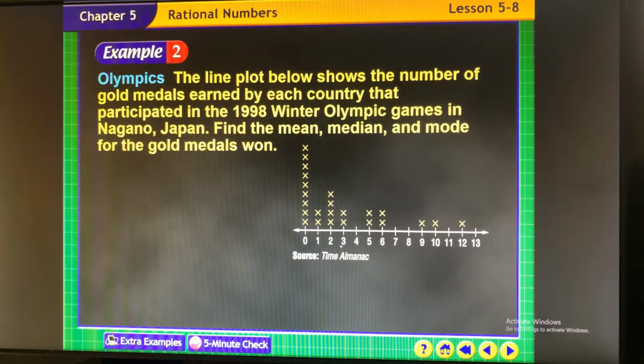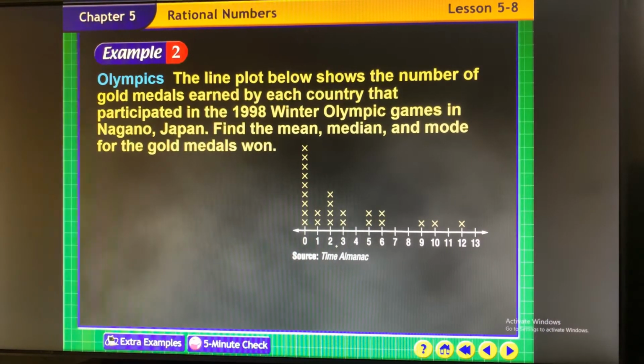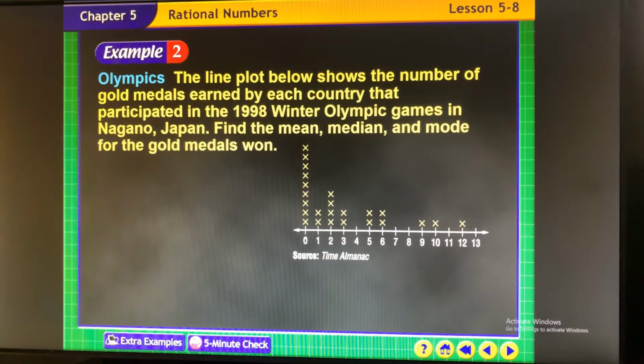This is called a line plot. So it's kind of like a bar graph, but with X's. So it says gold medals earned by each country that participated in the 98 Winter Olympic Games. Find the mean, the median, and the mode. So the mean, you're going to have to count. These are all of the survey, the people that gave you information, okay?